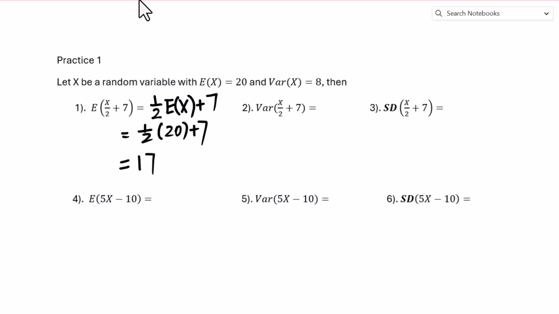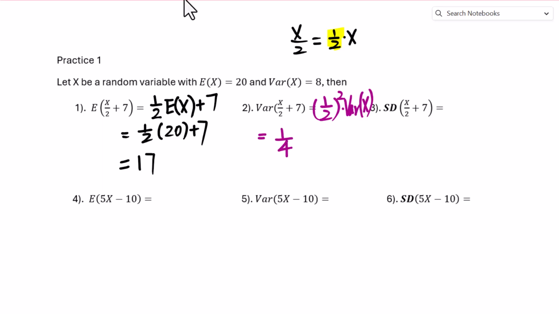Question 2. Variance of X over 2 plus 7. X over 2 equals 1/2 times X. So we get 1/2 squared times variance of X equals 1/4 times 8 equals 2. For variance, plus 7 won't affect.